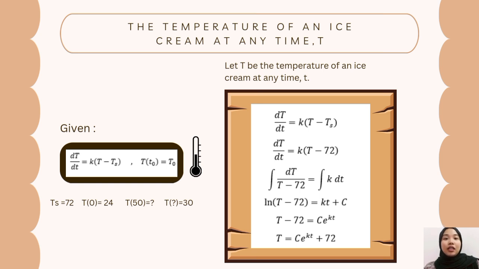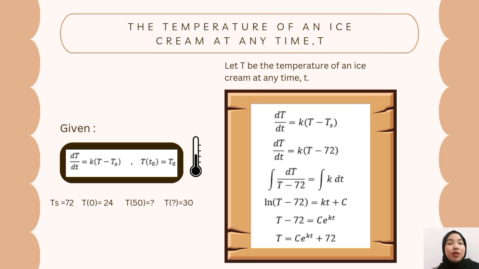Given the temperature of surrounding is 72 Fahrenheit, the initial temperature is 24, and the temperature at 15 minutes is what we need to find, and the time at which the temperature is 30 Fahrenheit.